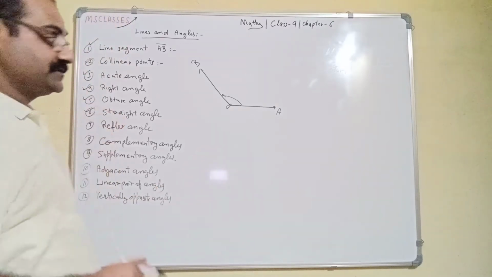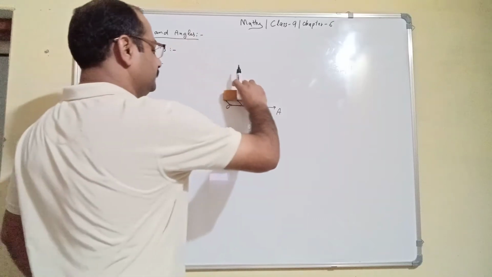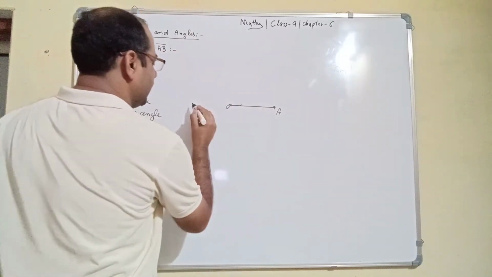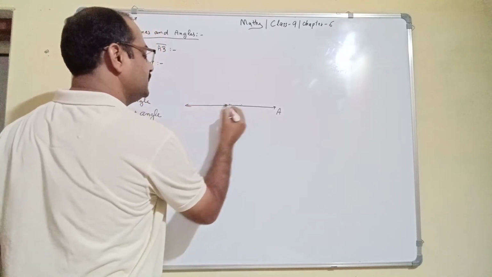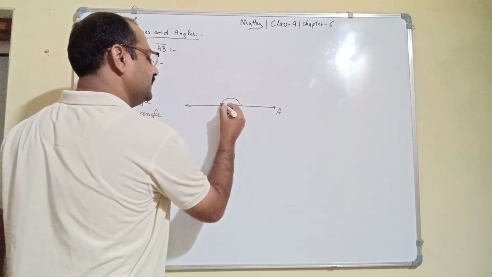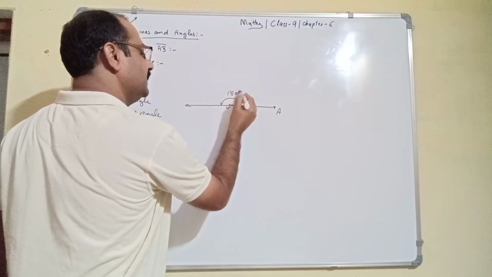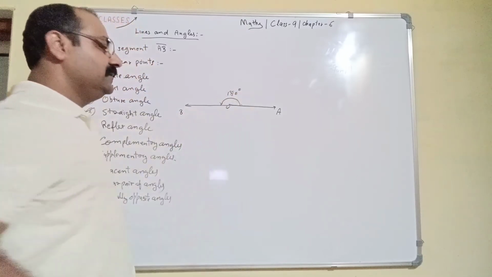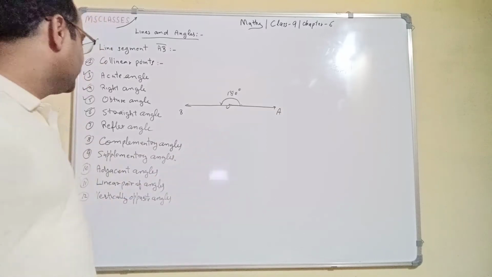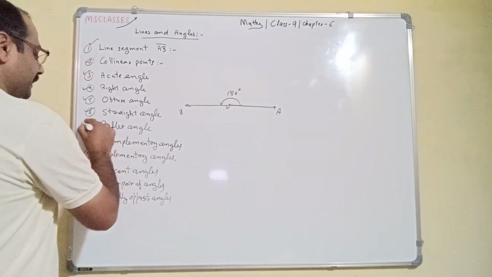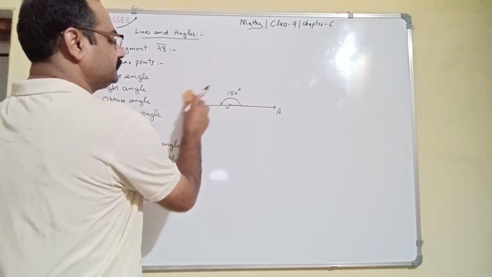After that, straight angle. When the angle between two arms or two rays is 180 degrees, then this is called a straight angle. Right? After that, reflex angle.